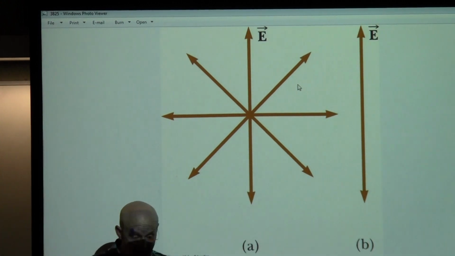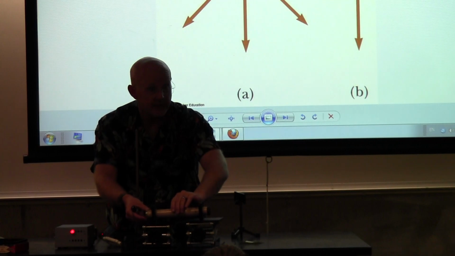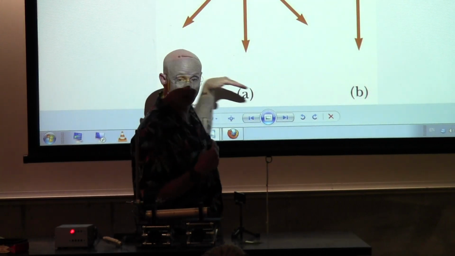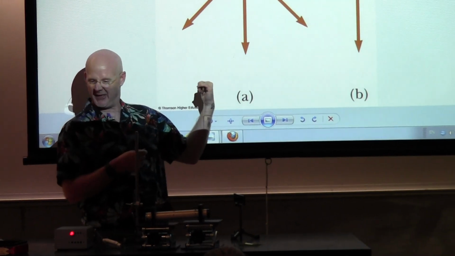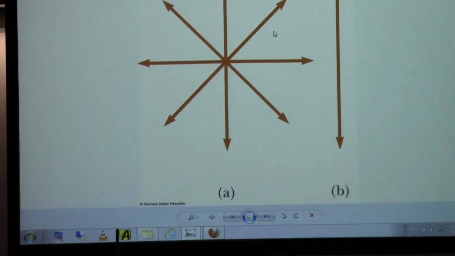He doesn't show one up here that's horizontal, but I think you might guess, what if I were to hold the laser beam this way? Now, then I would draw a horizontal line. What's this? After it goes through the slit.